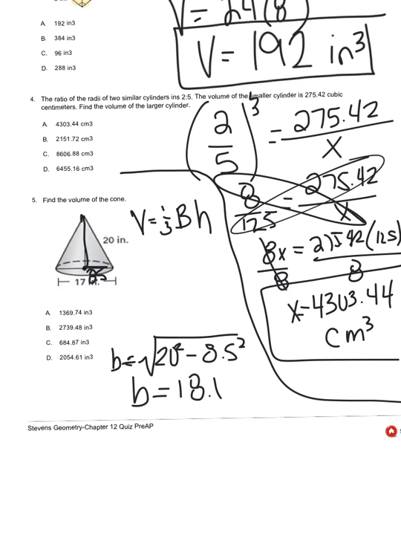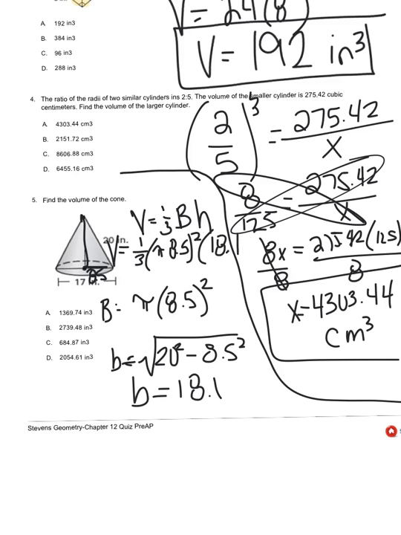The area of the base is pi r squared. So I'm working up. The volume equals 1/3 pi r squared times 18.1.